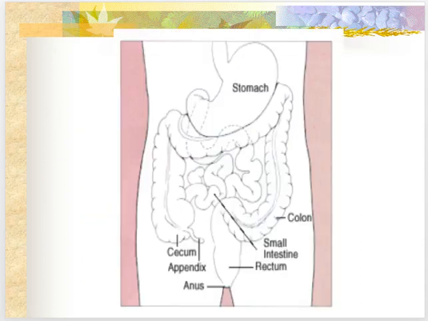We also have the appendix. If you take a look, it's just at the very end here of the intestine, and it serves absolutely no purpose for the human being. It is thought that when humans were more eating of grasses and harder to digest materials, the intestines needed to be longer so that the human could then digest grasses.